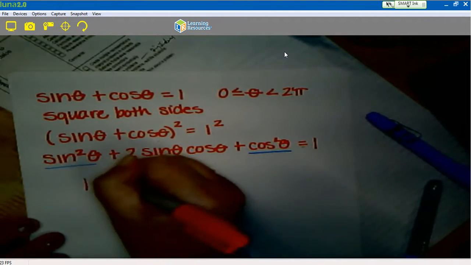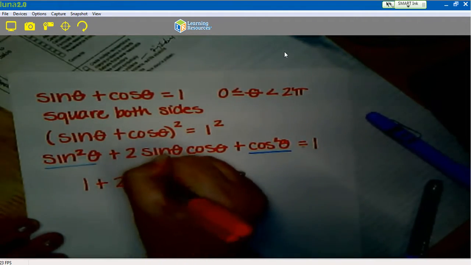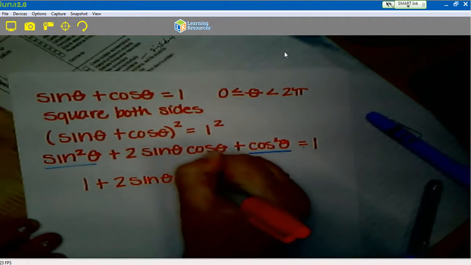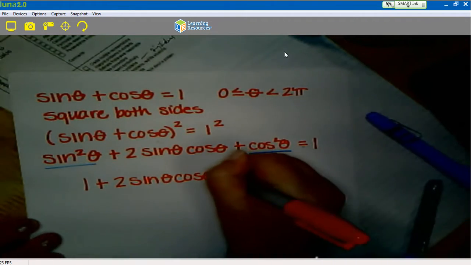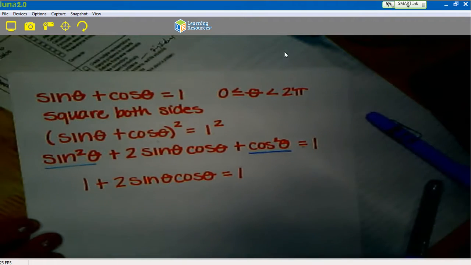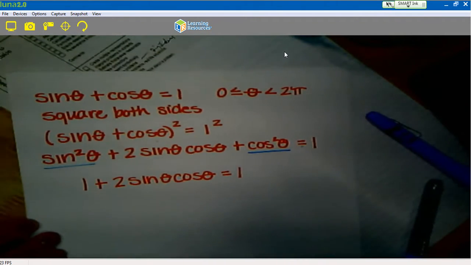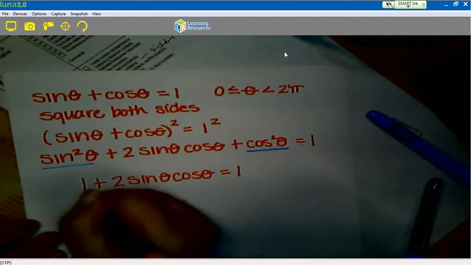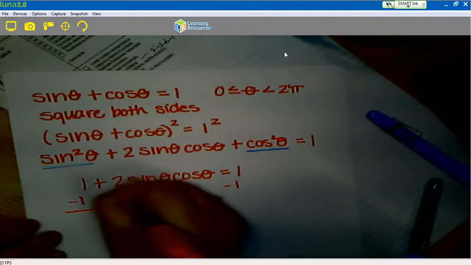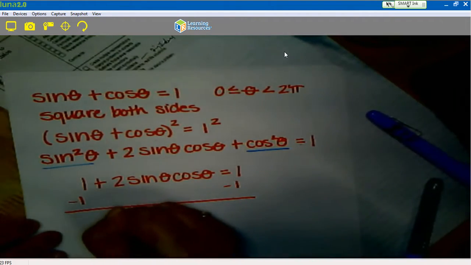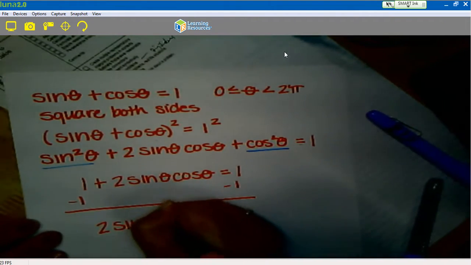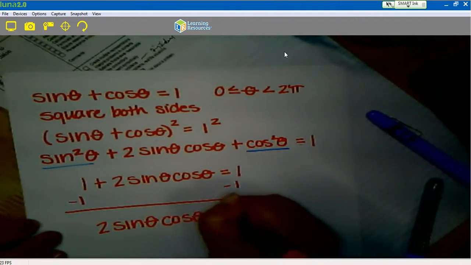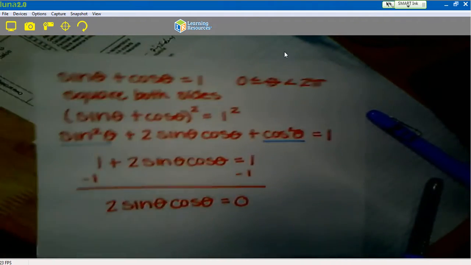So we have 1 plus 2 sine theta cosine theta, and that's equal to 1. I want to set this equal to 0, which is nice because I can subtract 1 from each side. So I have 2 sine theta cosine theta is equal to 0.